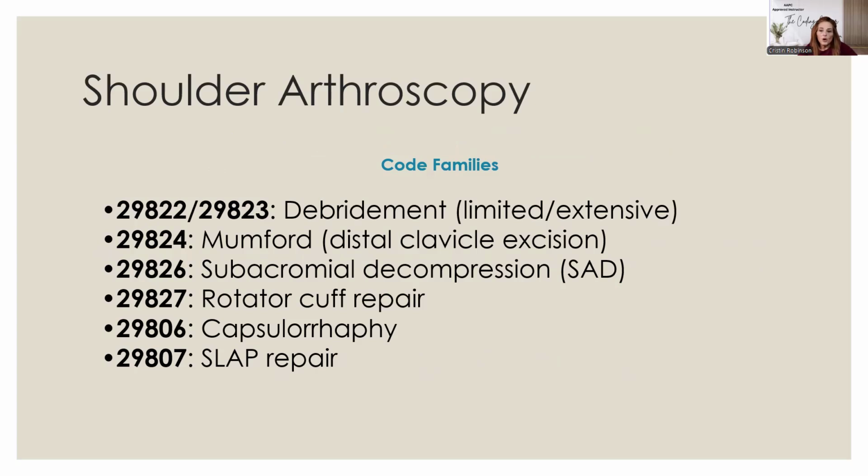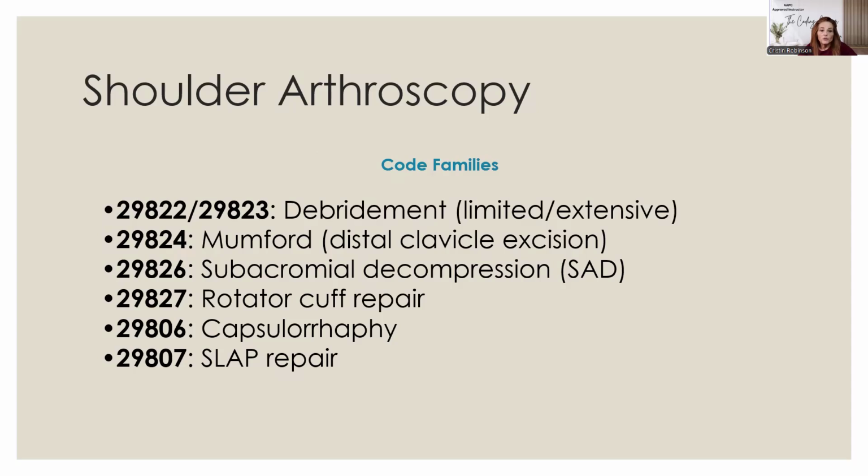Debridement is the medical process of removing dead, damaged, or infective tissue from a wound to promote healing and prevent infection. 29822 and 29823 are for shoulder debridement. The 29822 is for limited, and the 29823 is for an extensive debridement.